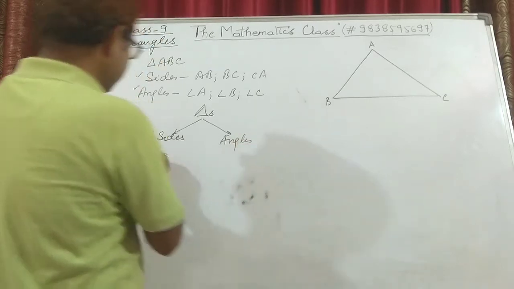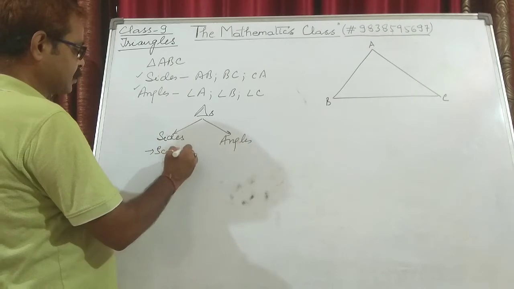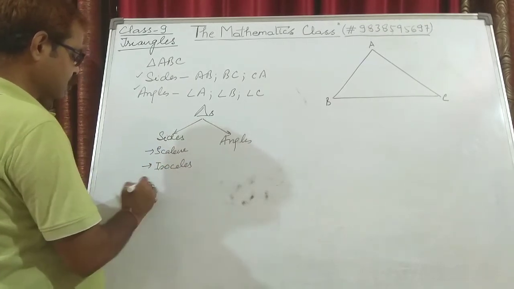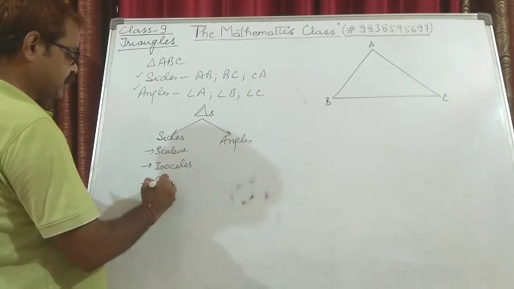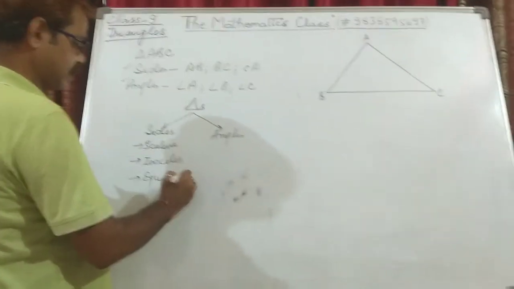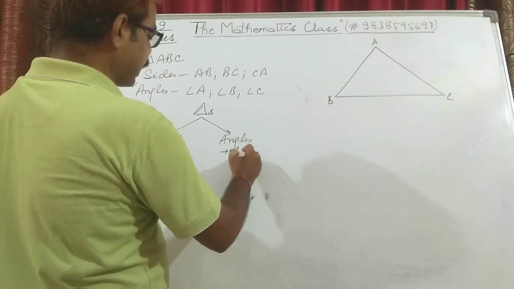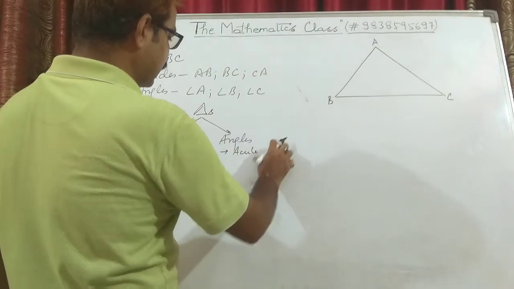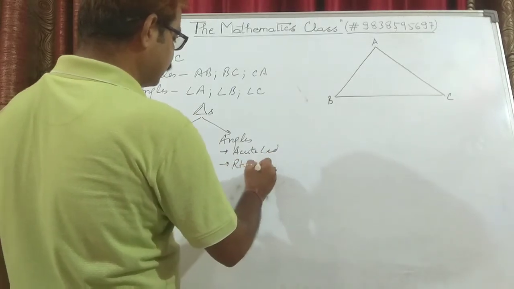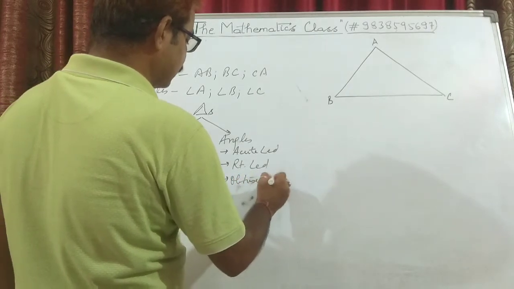On the basis of sides, they are scalene triangle, isosceles and equilateral triangle. And on the basis of angles, they are acute angled, right angled triangle and obtuse angled triangle.